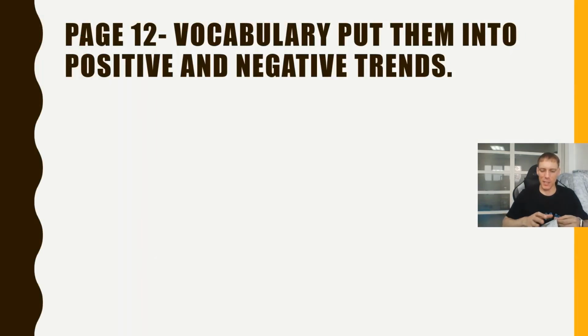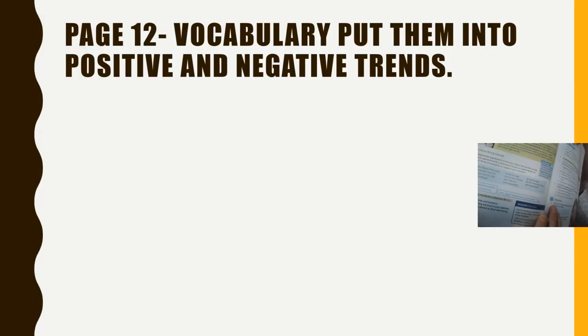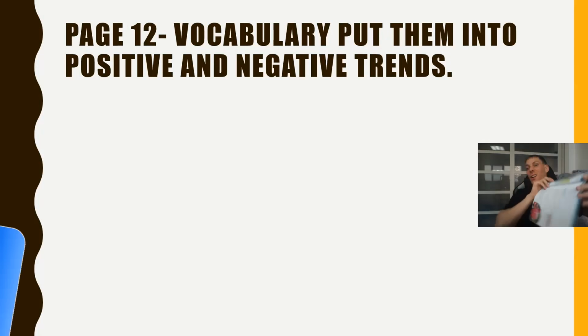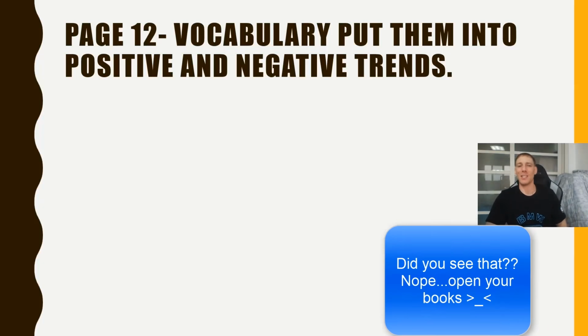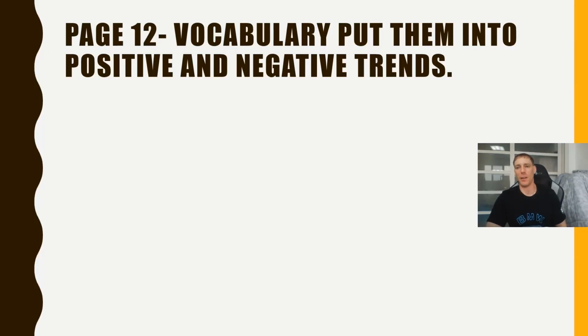The next part was page 12, so you'll be like, oh, what was on page 12? Well, bam! That was on page 12. So as you can see, page 12 was all about the vocabulary and positive and negative trends. Again, I'll go through each one. If you want to practice pronunciation, no problem. First one, be a fad.